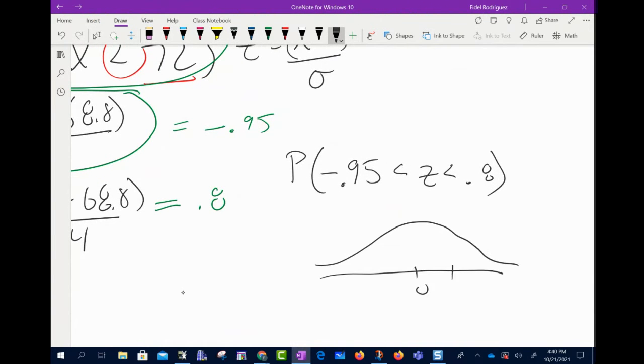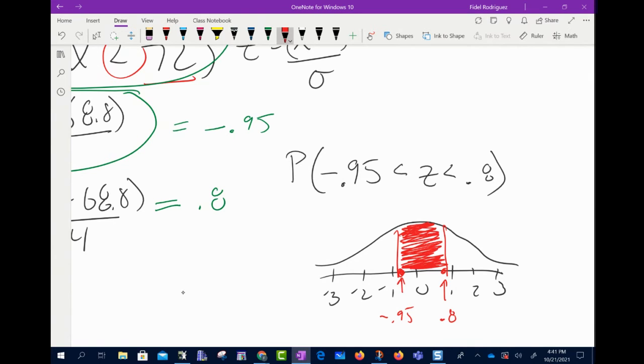It would look something like this. And my negative 0.95 is still right about here. And my positive 0.8 is right about there. And we're looking for the area in the middle because z is between those two values.